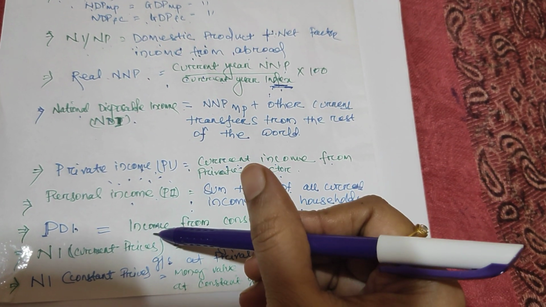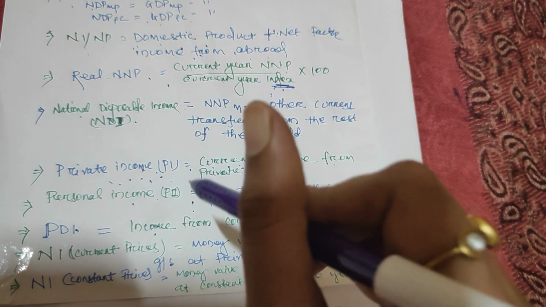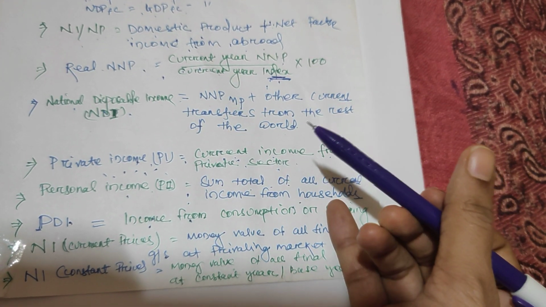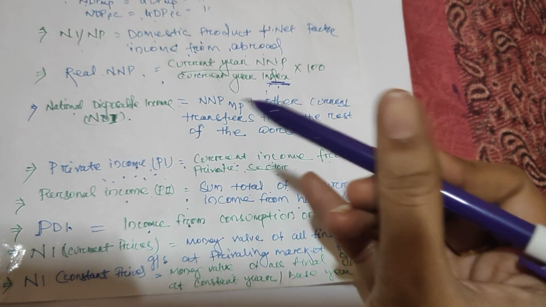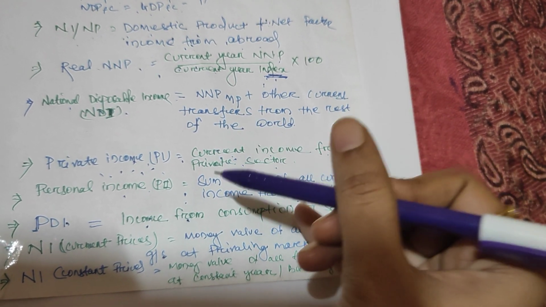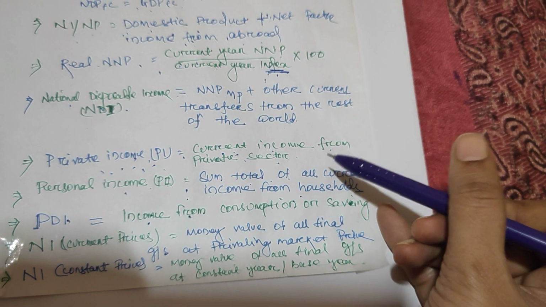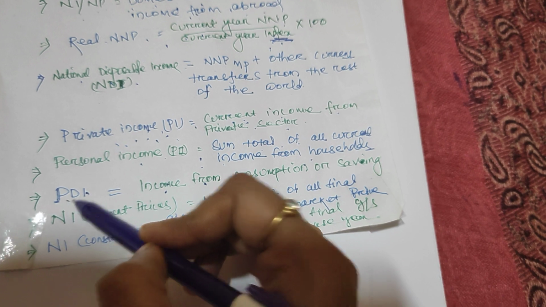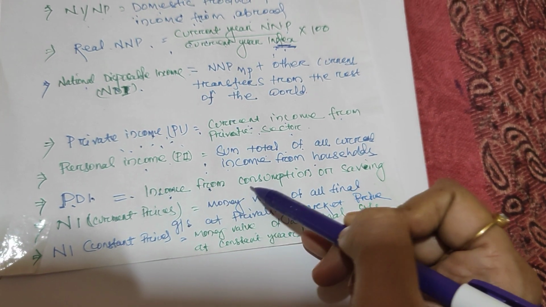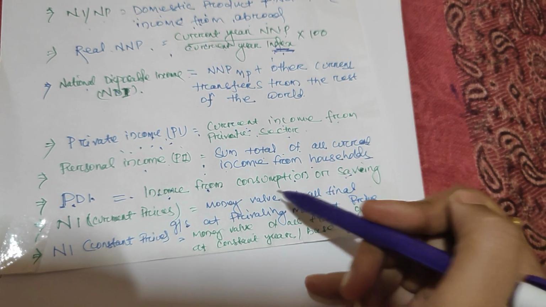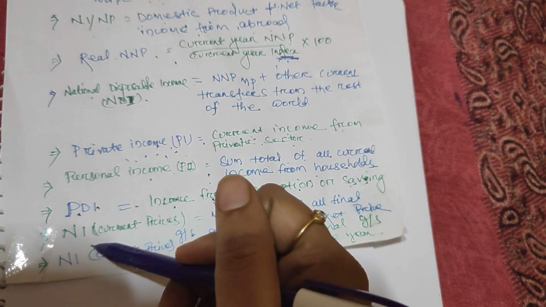So personal disposable income is that part of personal income which is available to the individual to be used the way they like. In other words, it is the income which the household can spend on consumption or save as they desire. So personal disposable income equals income for consumption or saving. Disposable means two words, consumption and saving.